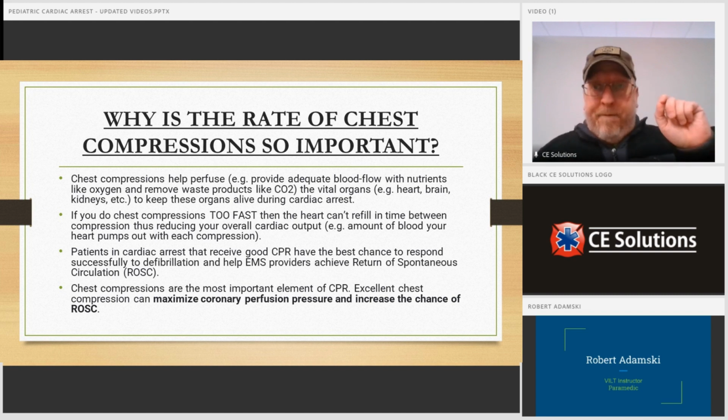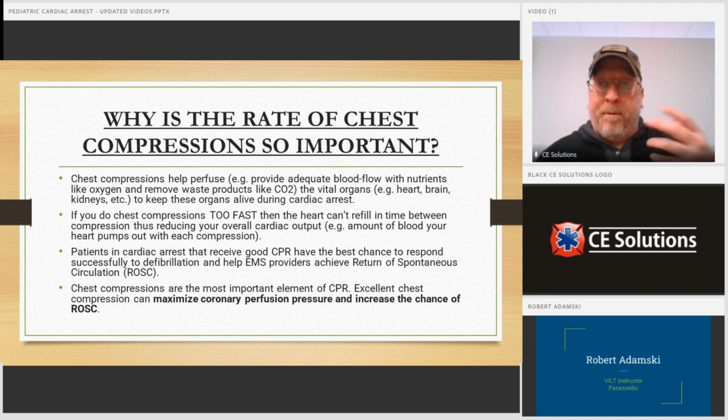So, if you do your chest compressions too quickly, too fast, realize that your perfusion, or the blood flow to those vital organs, your heart, brain, kidneys, etc., is going to be decreased.